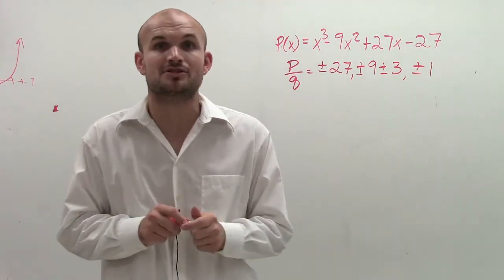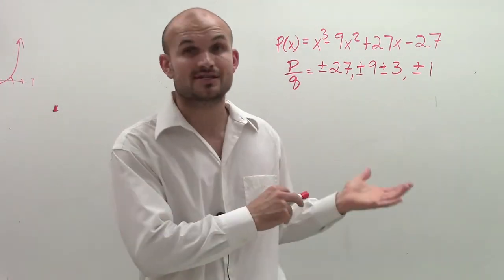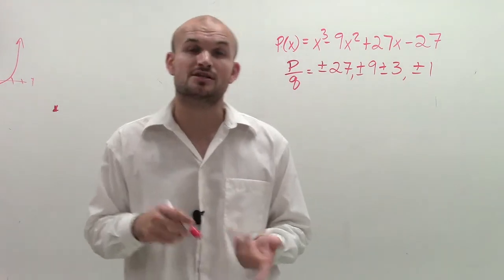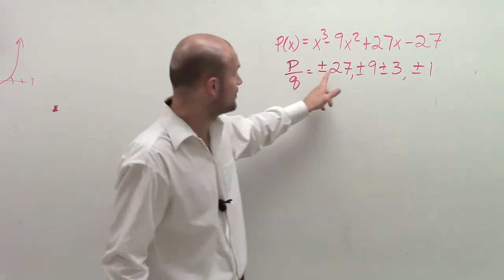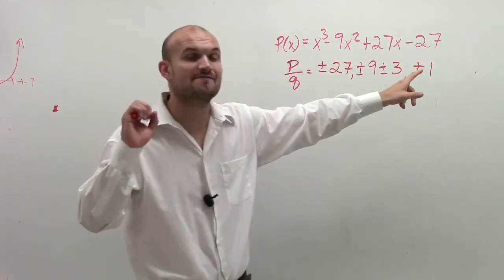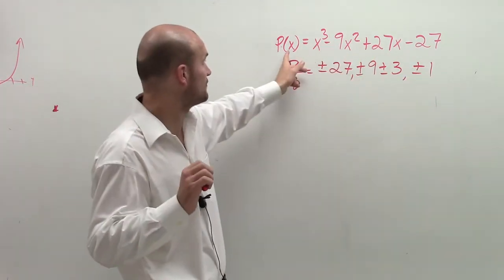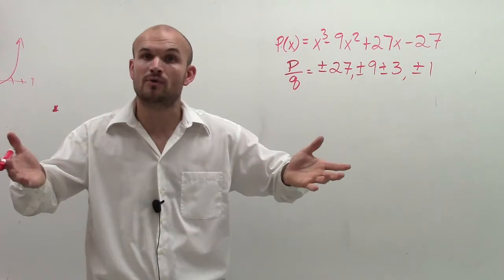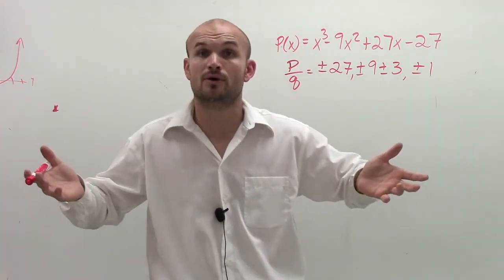And ladies and gentlemen, to show that one of these is going to be 0, there's a couple ways you could do this. You could use the remainder theorem. We could plug each one of these into our function, and if we get a value of 0 for p of x, then we know we have a 0.